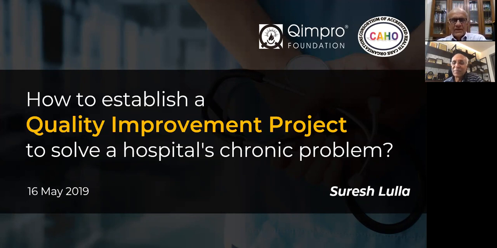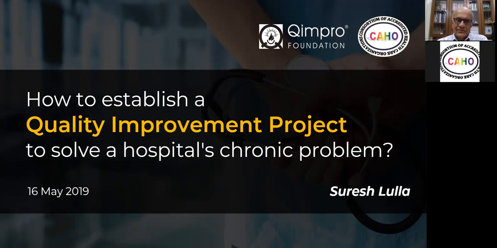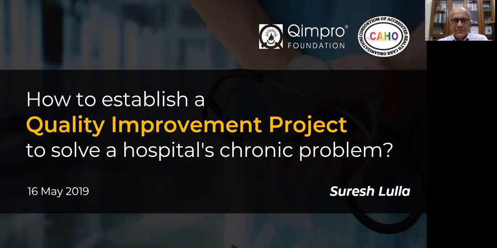As already explained, the title for today's webinar is how to establish a quality improvement project to solve a hospital's chronic problem. There are three keywords here: establish, quality improvement, and chronic problem.